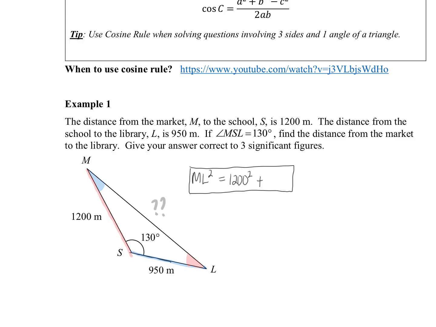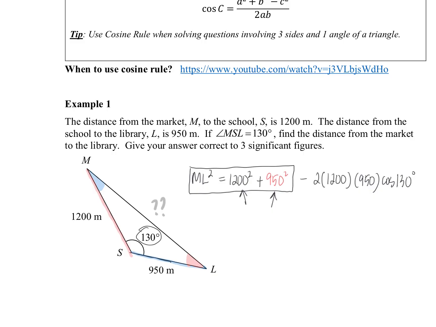SL, yes, so this one square. So the moment you write down this, you are halfway done. The next step is to subtract 2 times the product of these two numbers, followed by cosine of the angle trapped between them.